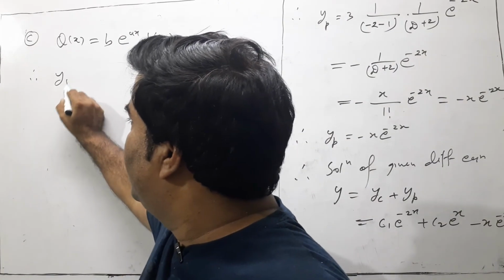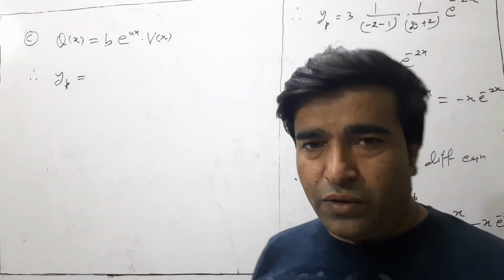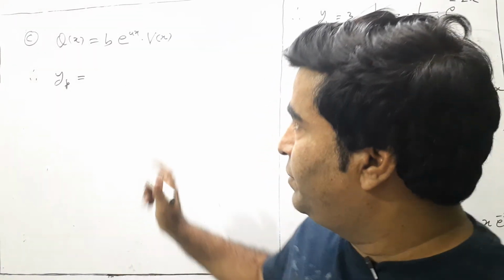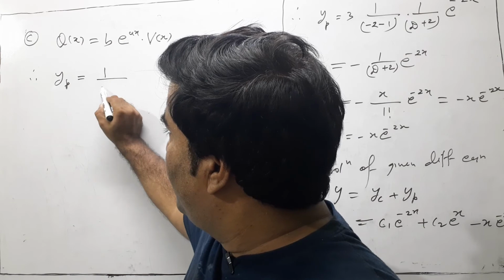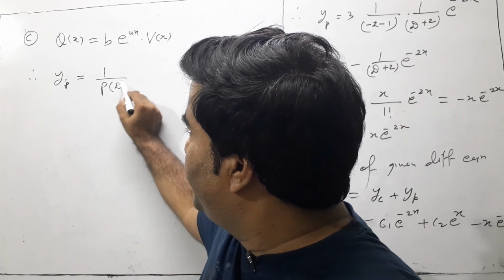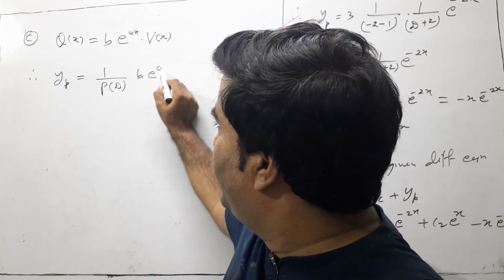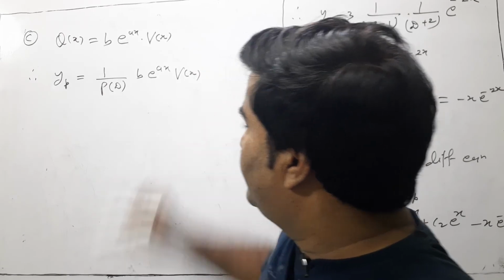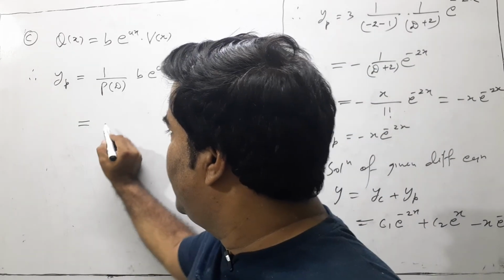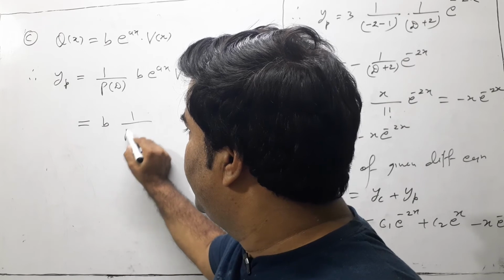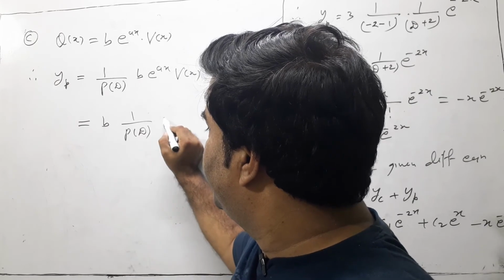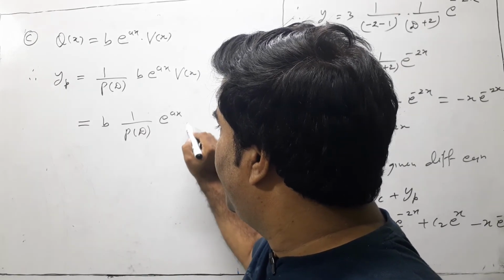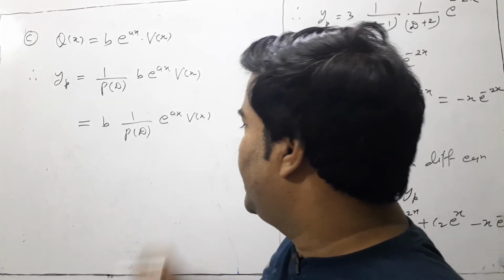Therefore the particular integral of the given differential equation is yp = 1 upon f(D) e^(ax) V(x). Here V is a function of x and e^(ax) is the exponential factor.